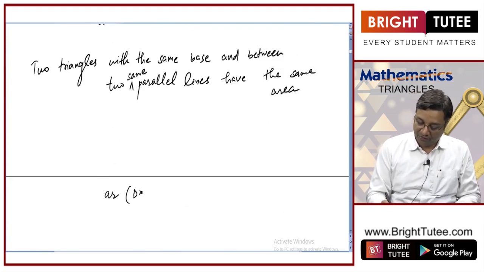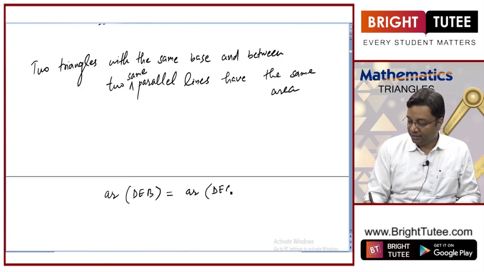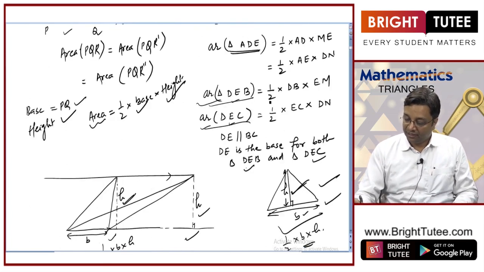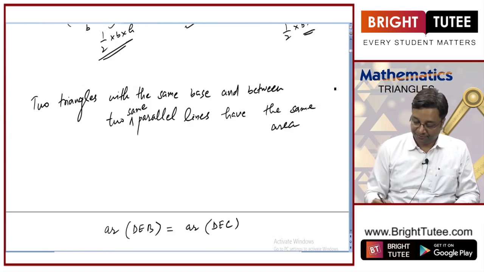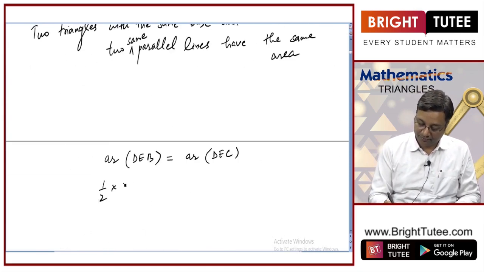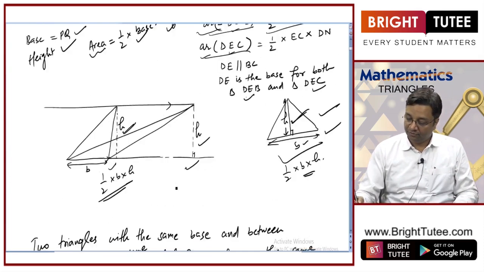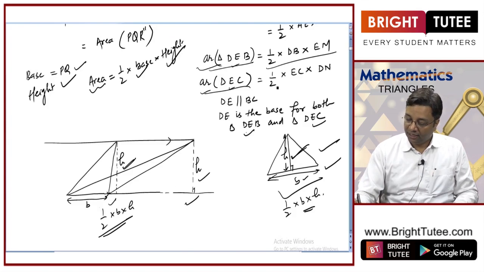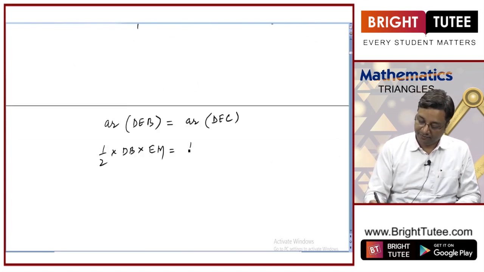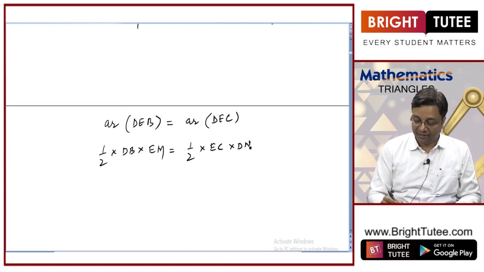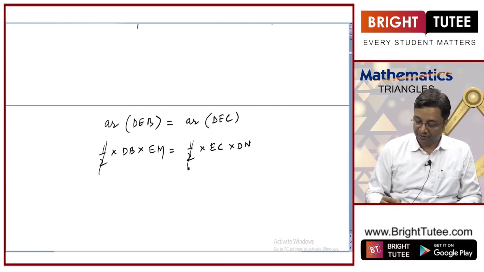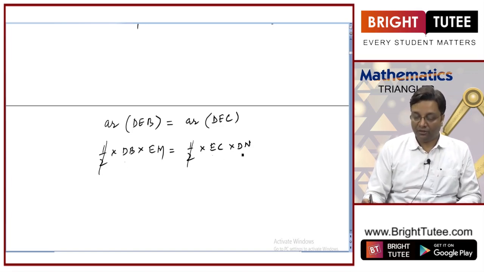Area of triangle DEB is equal to area of triangle DEC, that is half into DB into EM is equal to half into EC into DN. So we will get a result from it. Half can be cancelled here, okay. So DB into EM is equal to EC into DN.